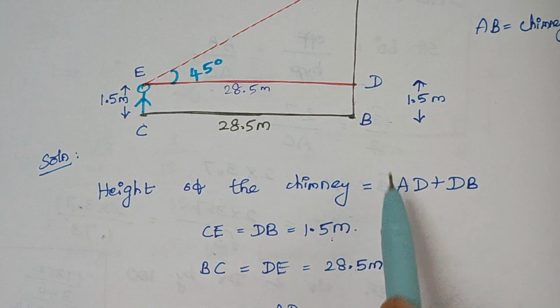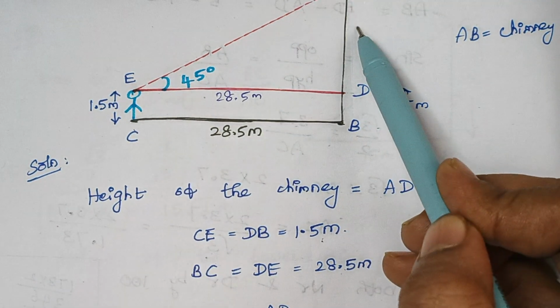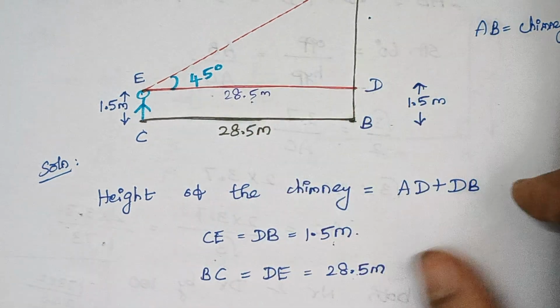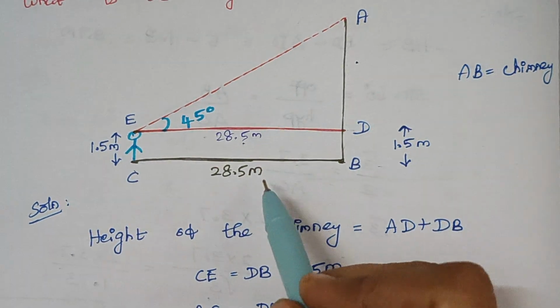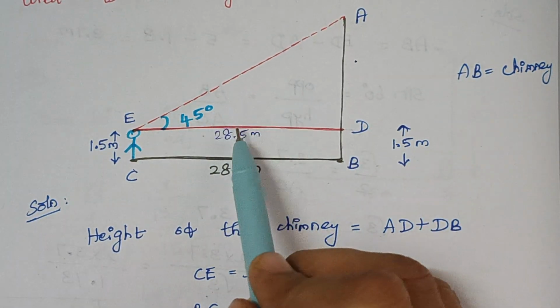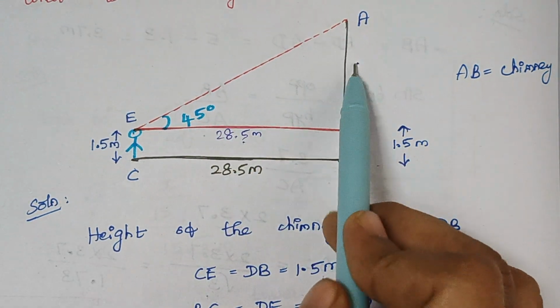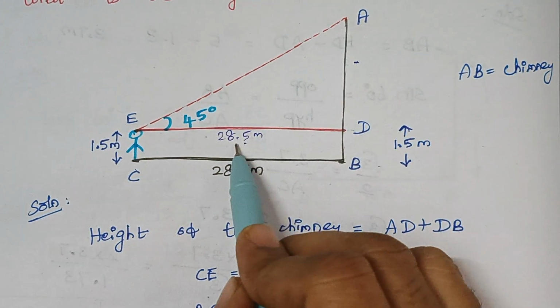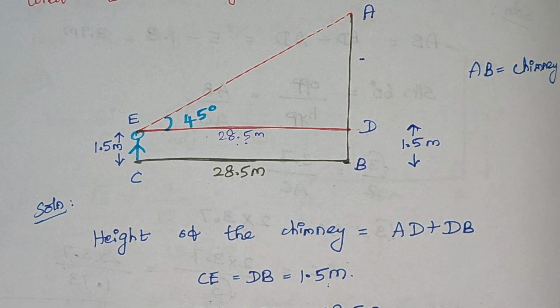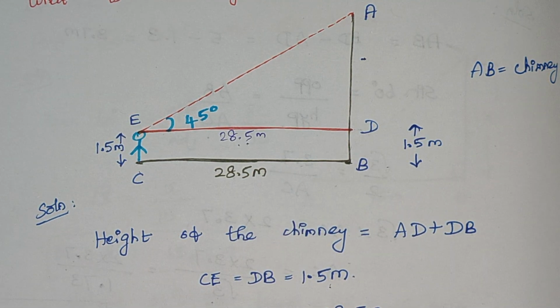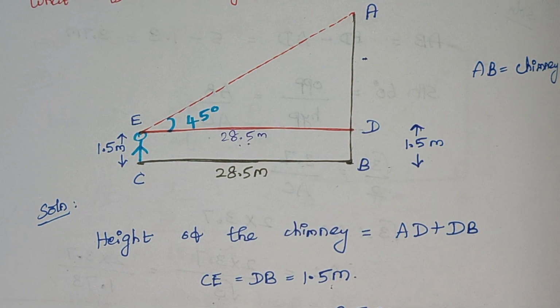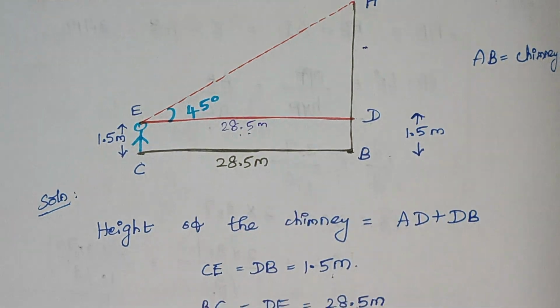Now we have to find this side, and we know the value of the adjacent side. So what angle can we take? You need the opposite side and you know the adjacent side. What relates opposite and adjacent? It is tan theta. So here it is tan 45 degrees.